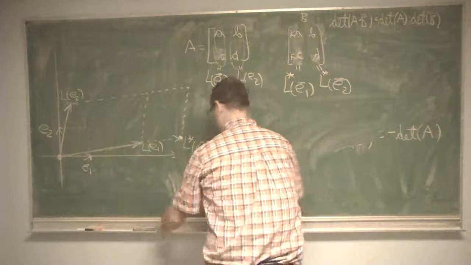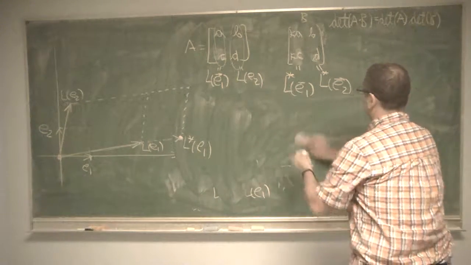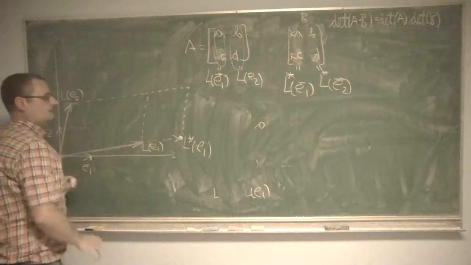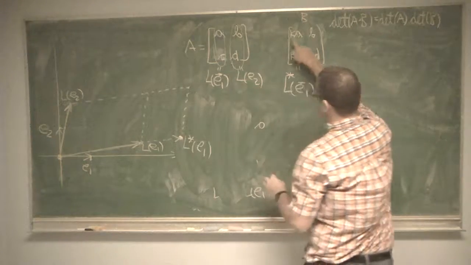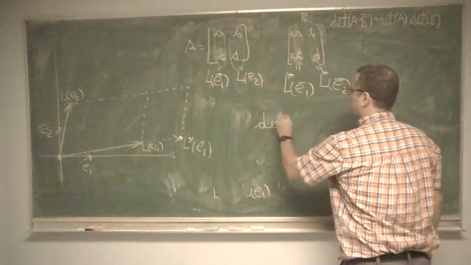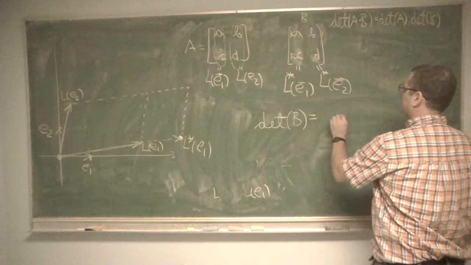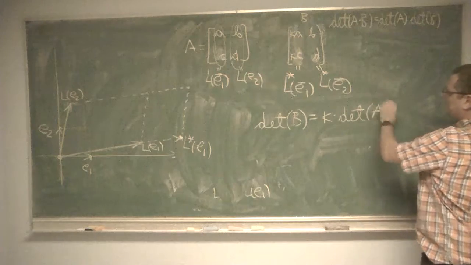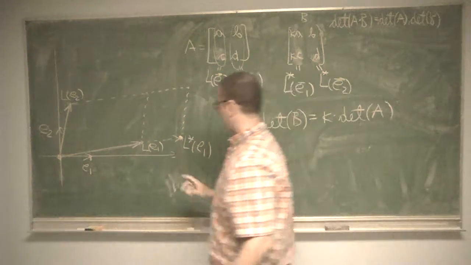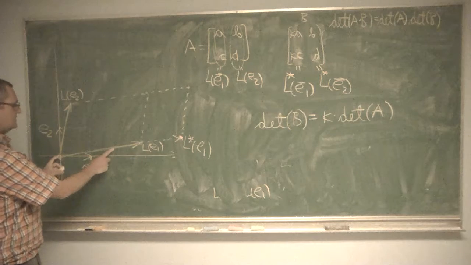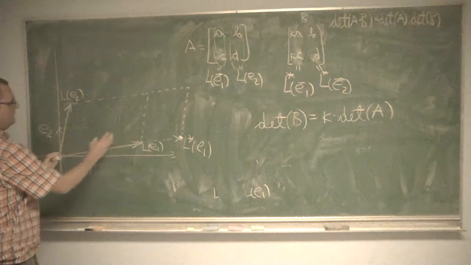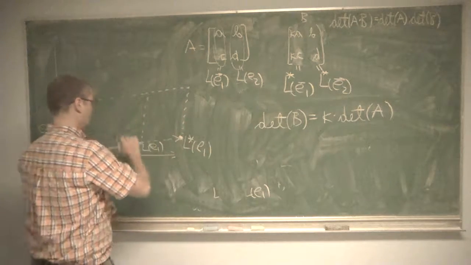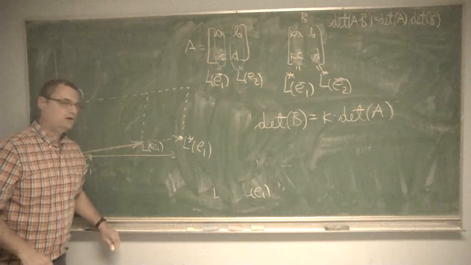All right, so it's pretty clear that at least as long as you stretch it by some factor k, that means multiplied by some positive number k, the determinant of B is k times bigger than the determinant of A, or k times smaller. So if k is, let's say, 2/3, my parallelogram shrinks by a factor 2/3. Now what about if k is negative? Well, let's say k is negative 1.5.